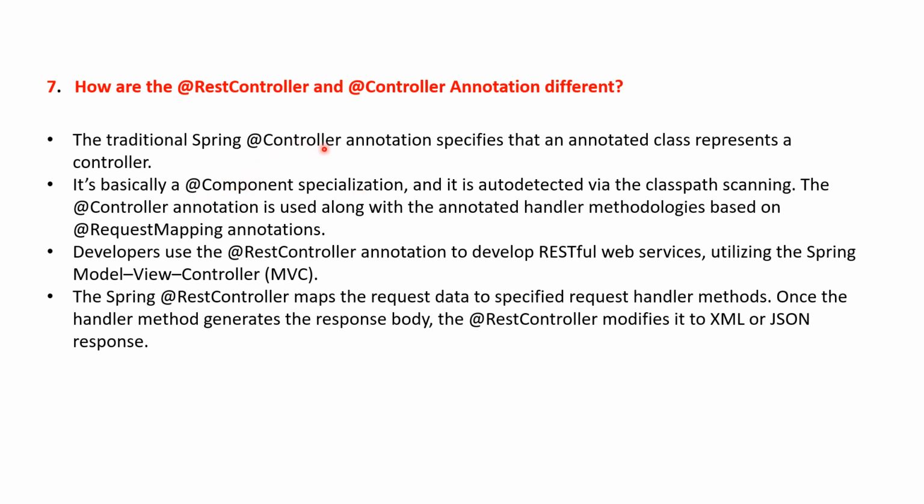So the Controller annotation is nothing but a Component annotation specialization, and it is auto-detected via classpath scanning. The Controller annotation is used along with annotated handler methods based on RequestMapping annotations.